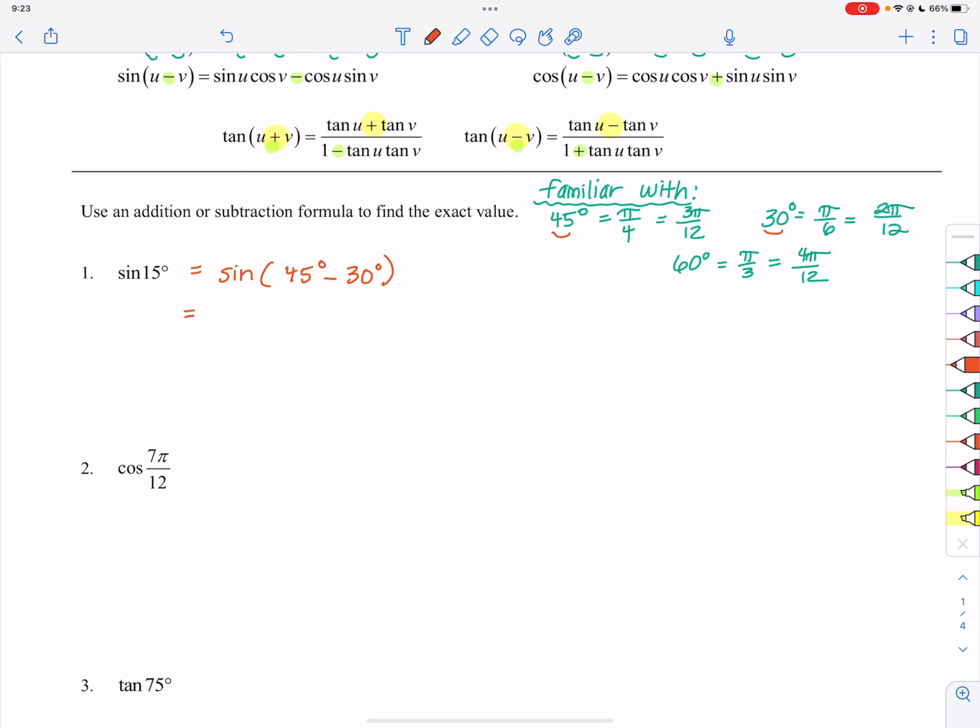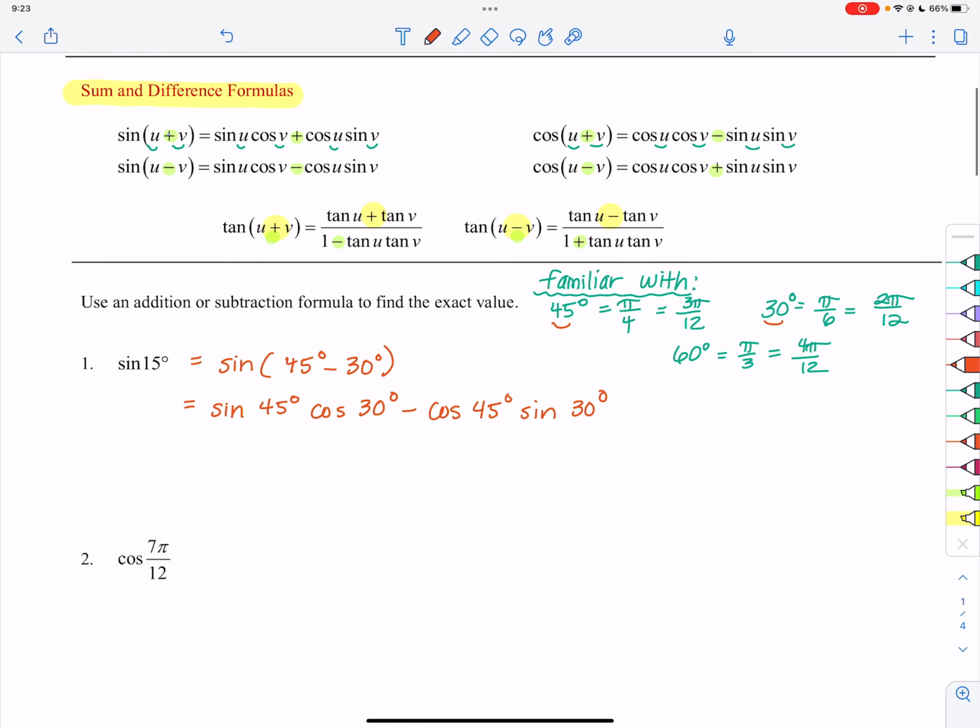So that's equal to the sine of 45 degrees multiplied by the cosine of 30 degrees minus the cosine of 45 degrees multiplied by the sine of 30 degrees. So this is the difference formula for the sine right here.